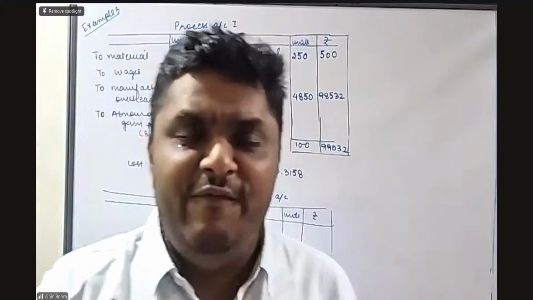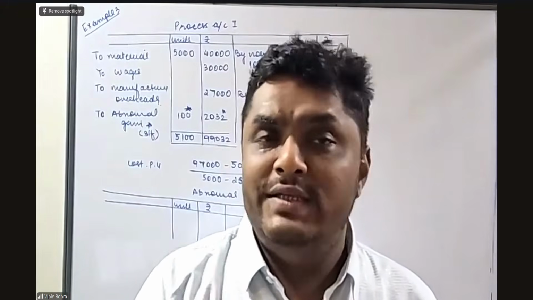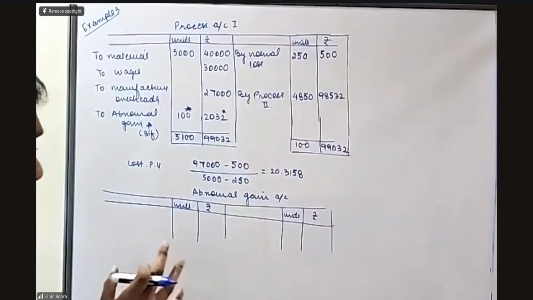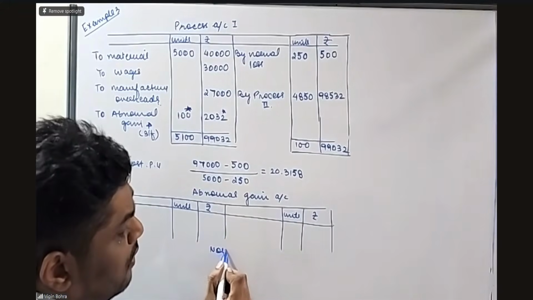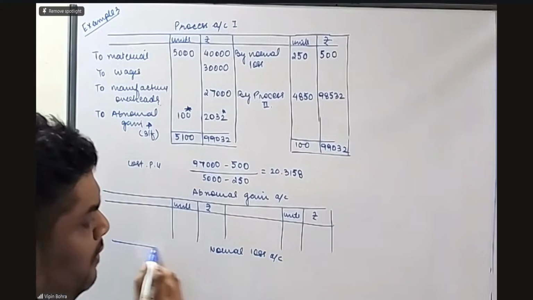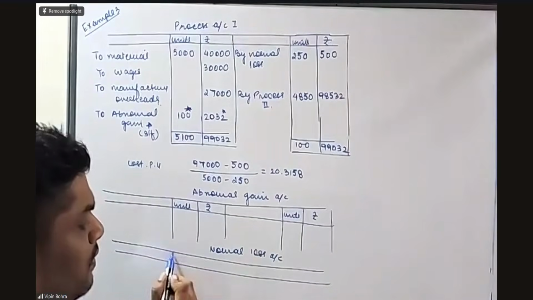See, many students face complication while preparing abnormal gain account. So, guys, do pay attention, focus on the concepts. Now, abnormal gain account is related with normal loss account also.